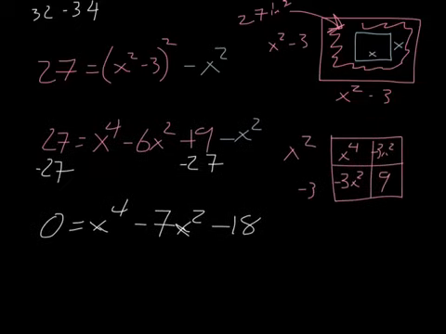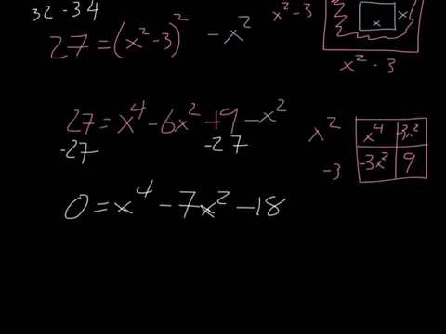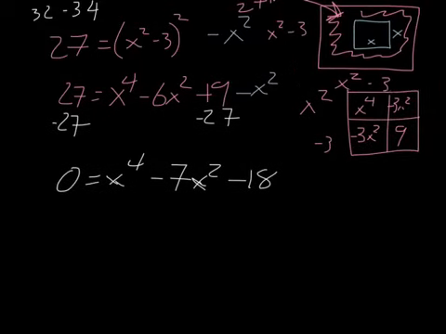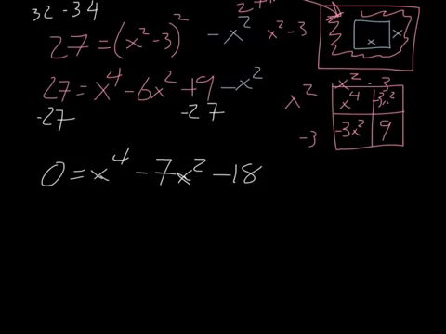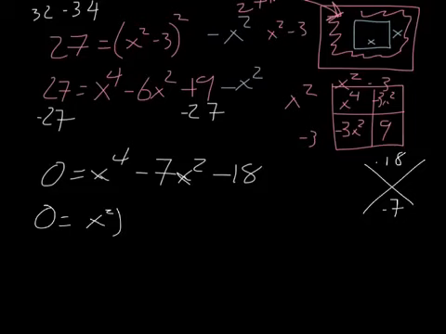Let me move some of this stuff out of the way. Okay, so we're going to ask ourselves, can I factor this? Also, remember, I should probably write this as a quadratic, so I'd get x squared to the second power minus 7x squared minus 18, just so it looks like something that I could actually solve.